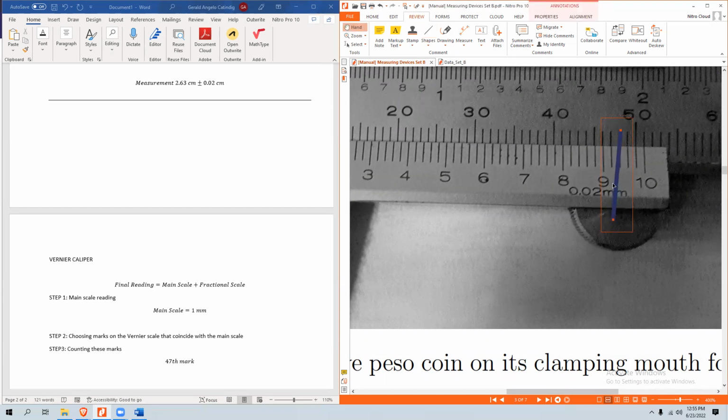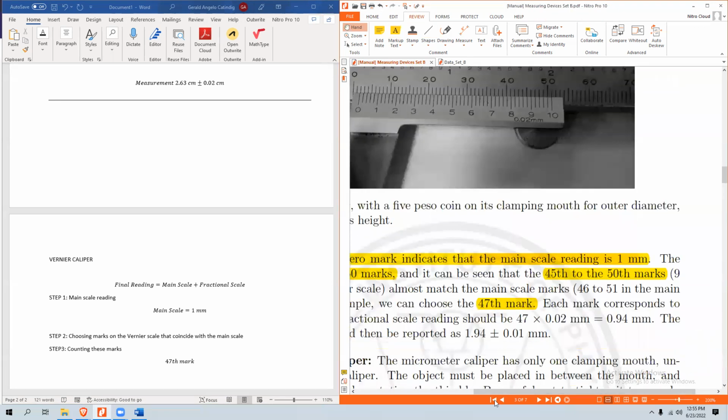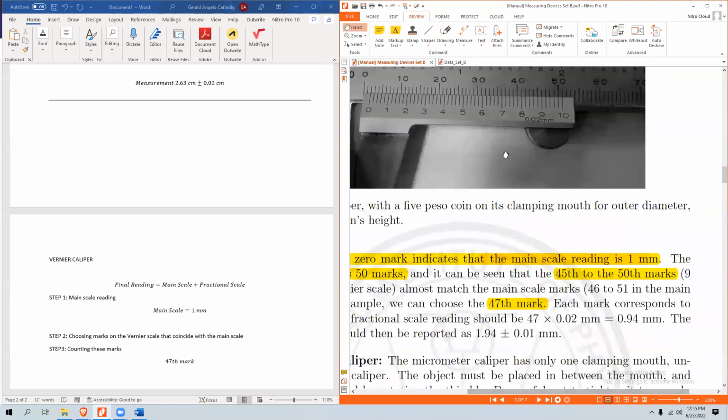So dito, itong line na to, pinili niya yung 47th mark. Meron din dito nakalagay sa Vernier scale na 0.02 millimeters. So this 0.02 millimeters na reading shows you the corresponding measurement for one line.